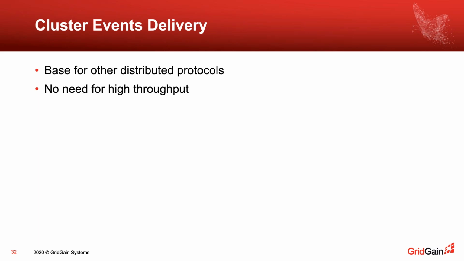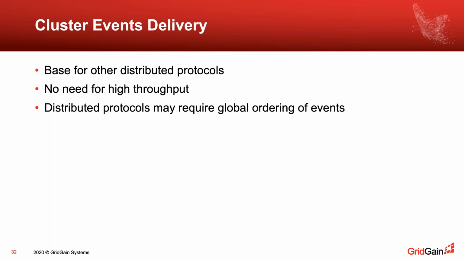This mechanism does not need high throughput. There is not a lot of system level traffic, not a lot of these internal messages. Most of the traffic in the system, as we have said already, is user data. But what we need from these distributed protocols is ordering.